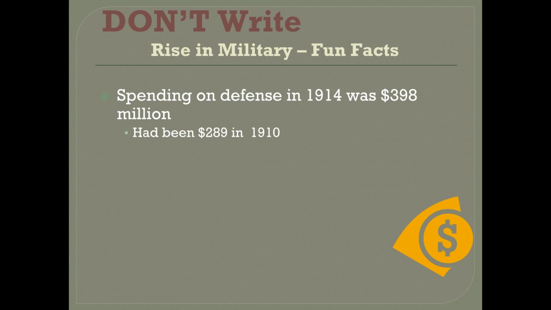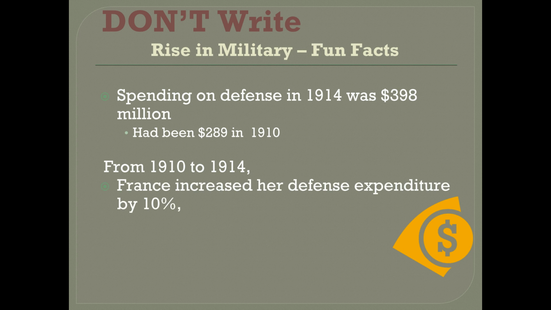It had been $289 million in 1910. From 1910 to 1914, France increased their defense expenditure by almost 10%. Britain had increased it by 13%. Russia had increased by 39%.